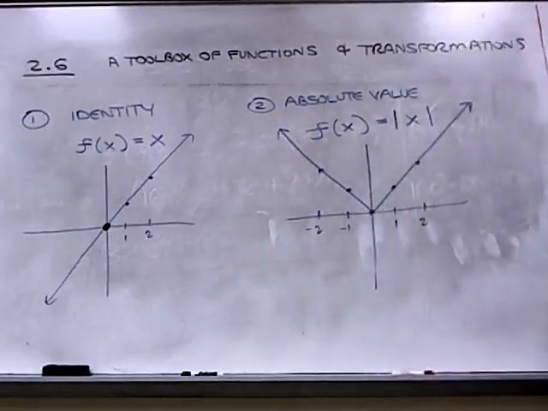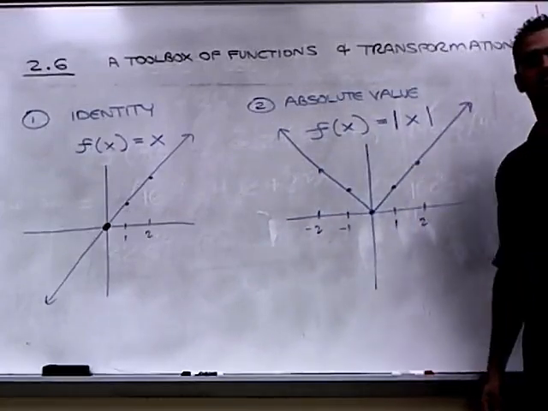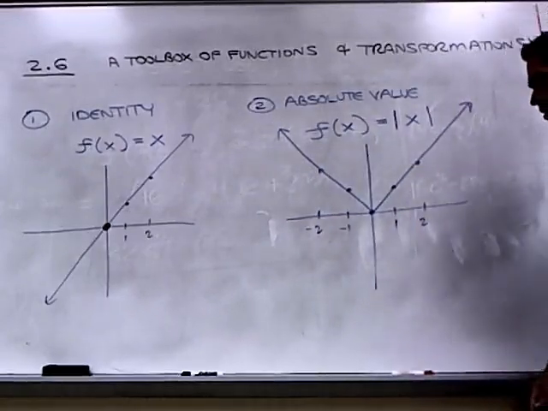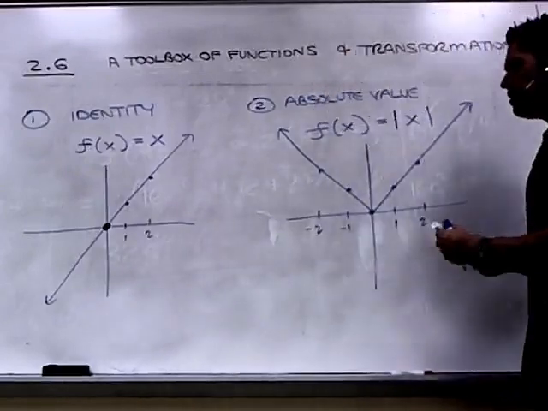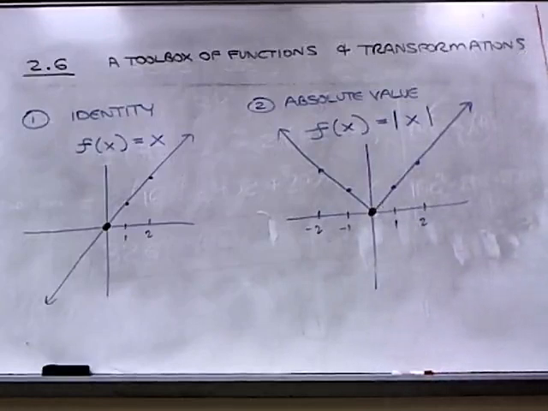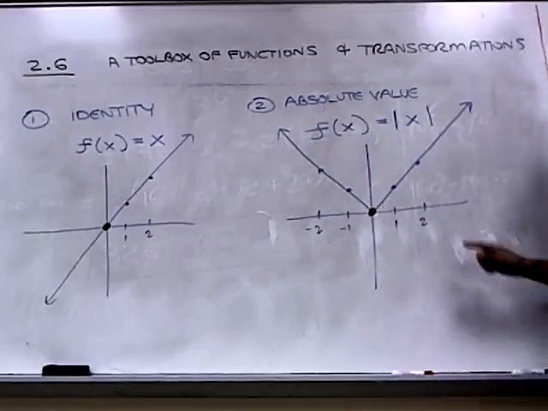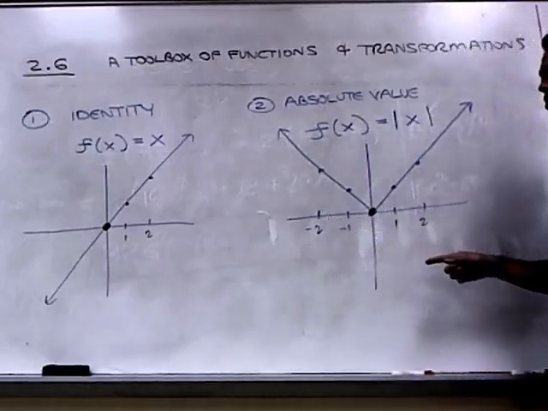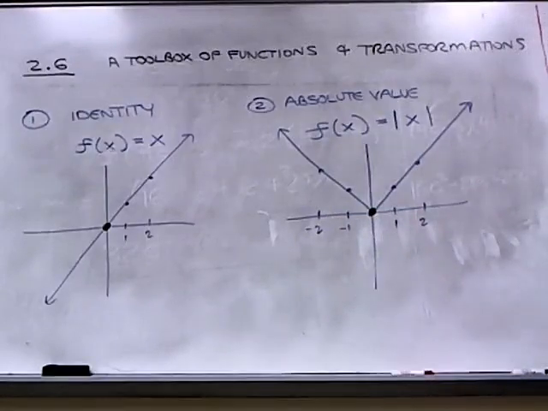And it creates a V shape, right? A V shape. And that is the absolute value function. Does it also contain the origin as a point? 0, 0 does live on that graph. All of the toolbox functions are going to contain the origin. So that's why I'm kind of pointing it out.